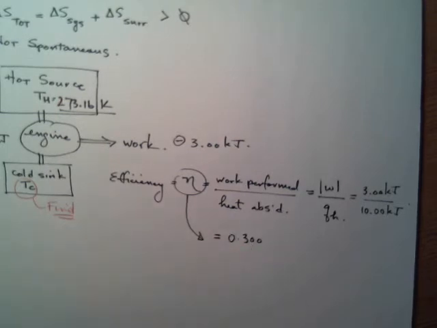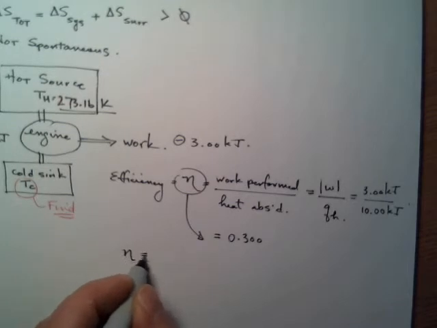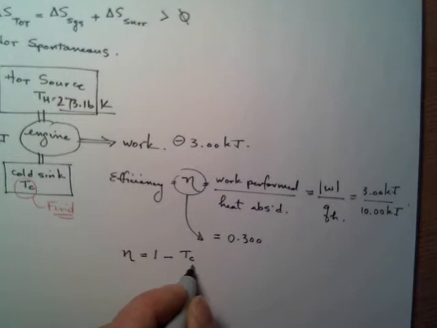And that's my efficiency. Now, how is knowing the efficiency going to help me in continuing this? Well, because I also know that the efficiency is equal to 1 minus the ratio of T cold over T hot.